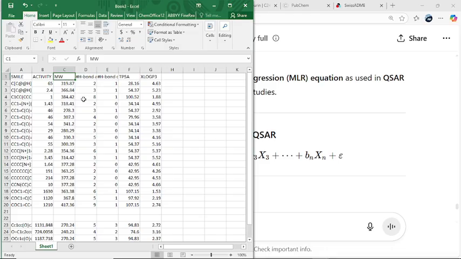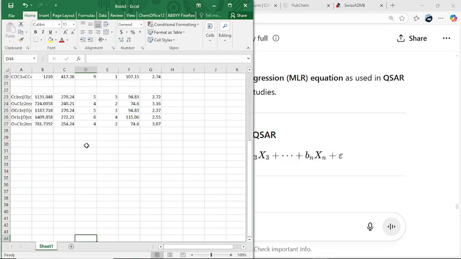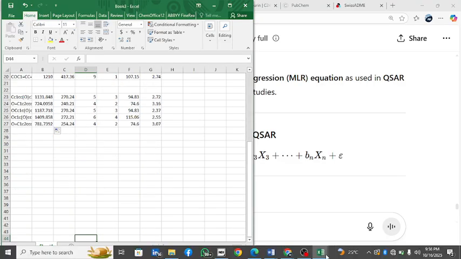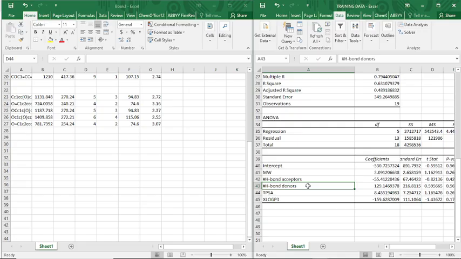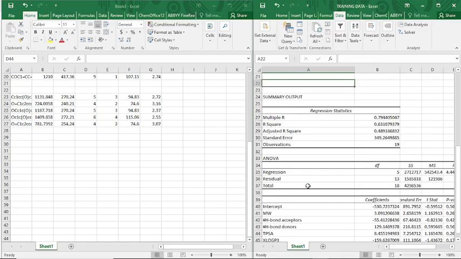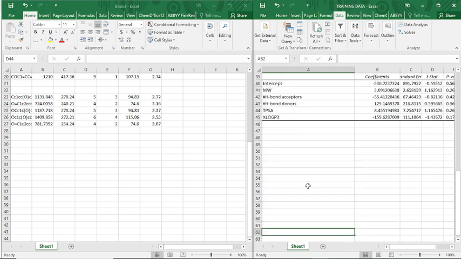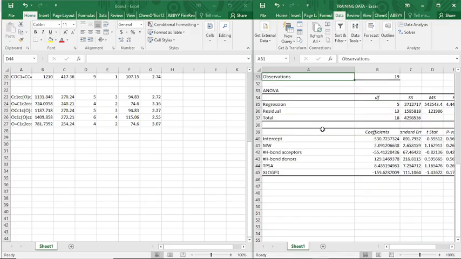So what we now do is to use them to build the equation. We built the model and we got these constants from the model. The intercept here is your B0. These are coefficients.